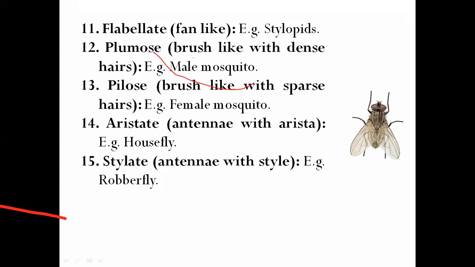The example is the male mosquito, and the type of antenna is plumose, isn't it? The hairs are numerous and cover the entire surface, giving the appearance of a feather, the plumose type of antenna.